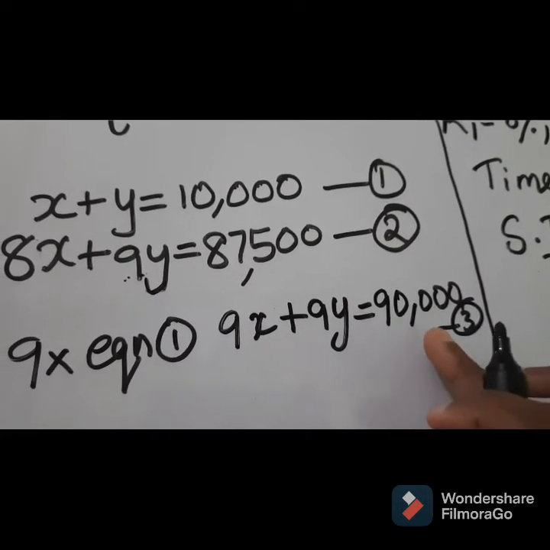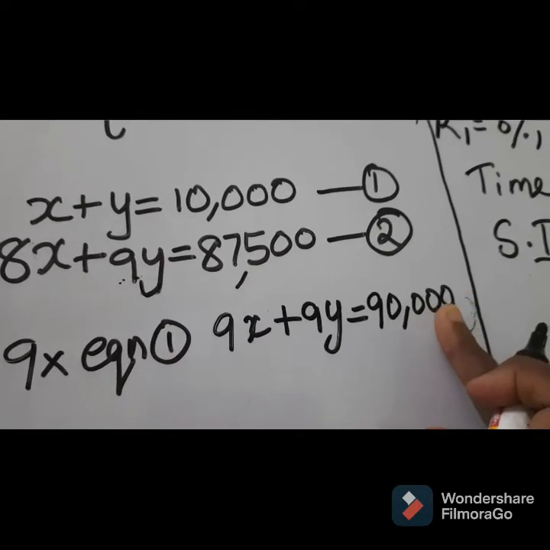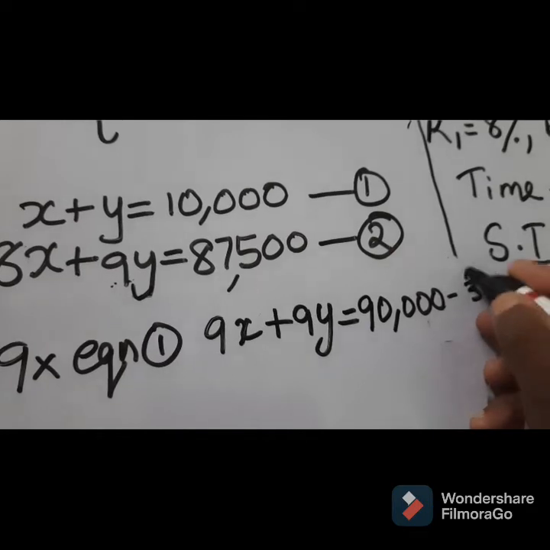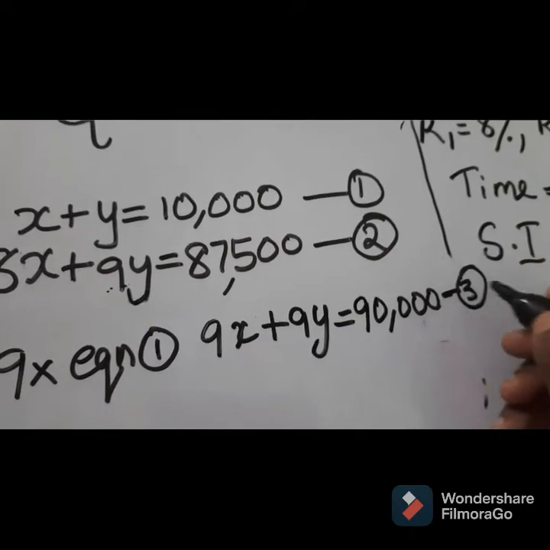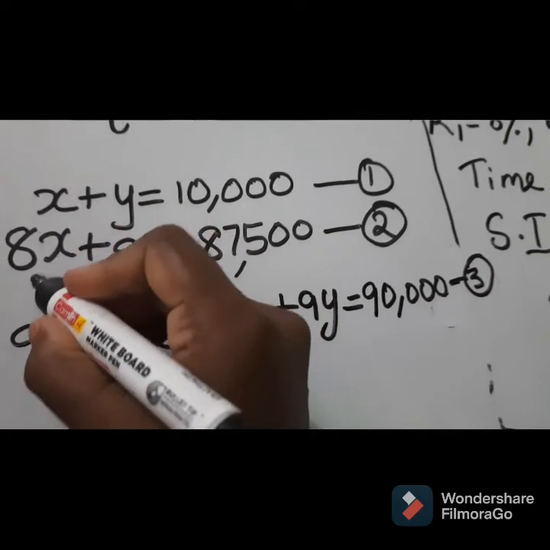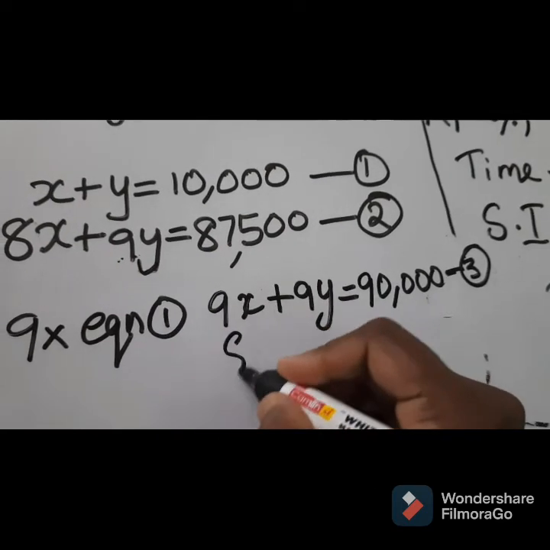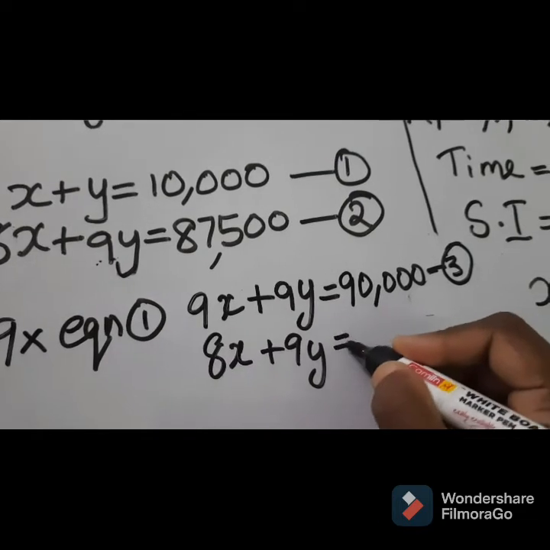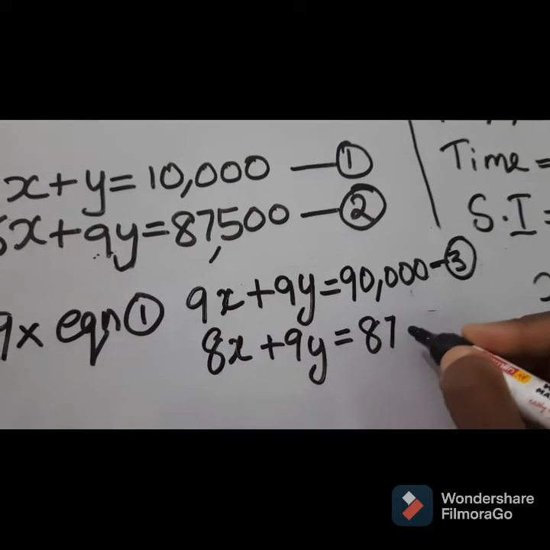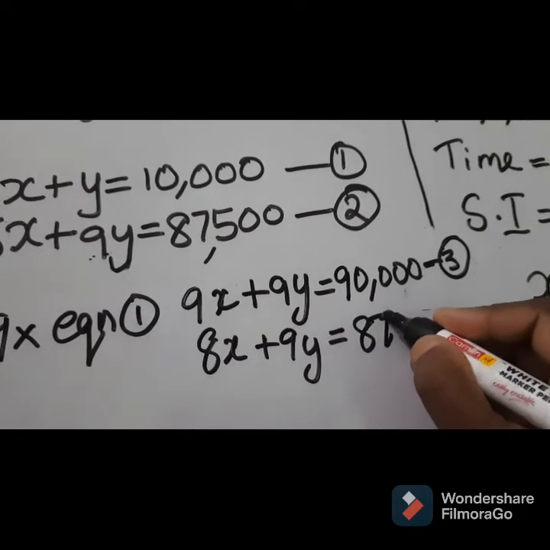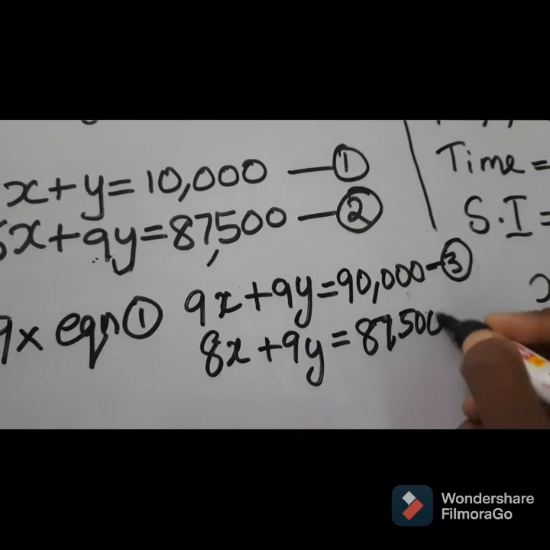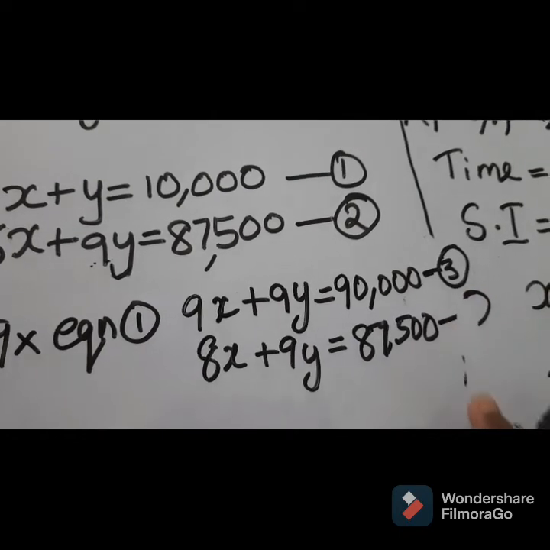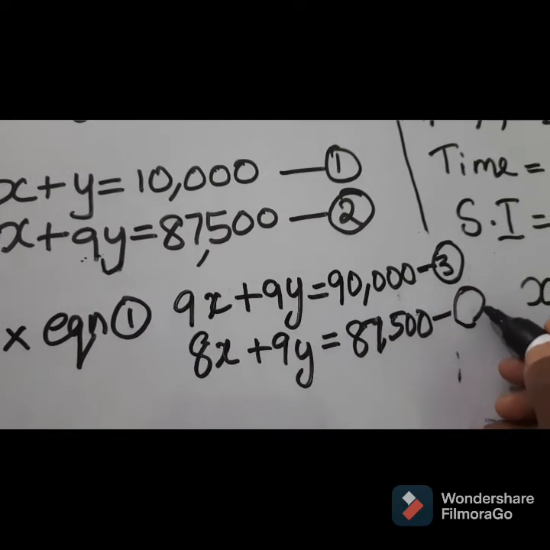Now another one, equation 3 we can write here. Then we are not doing anything here, we just write 8X plus 9Y equal to 87,500. This is equation 4 now. Otherwise we can write it as equation 2. We are not changing anything there.